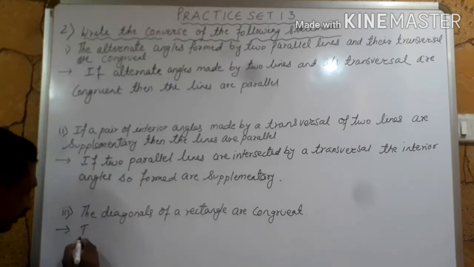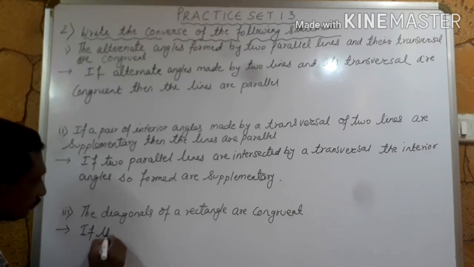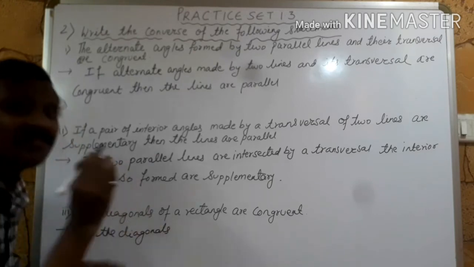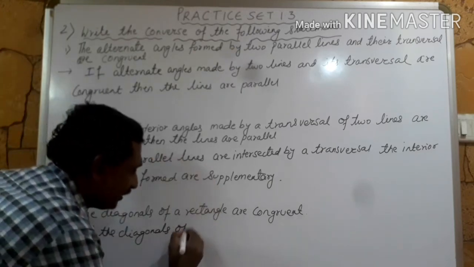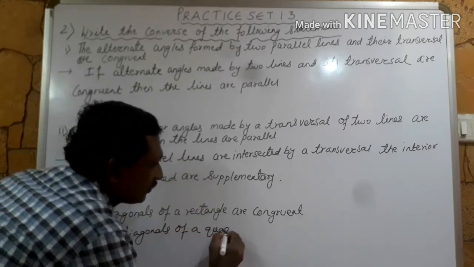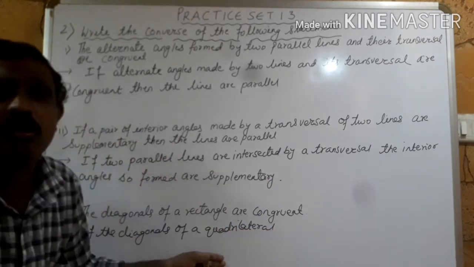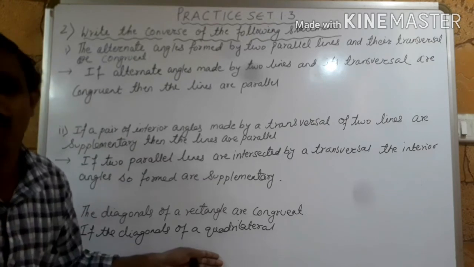If the diagonals of a quadrilateral, what if the diagonals of a quadrilateral are congruent?